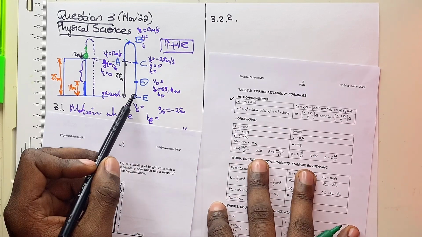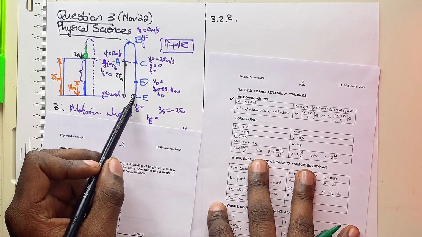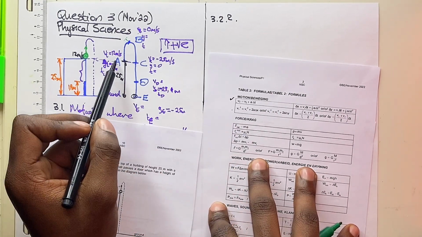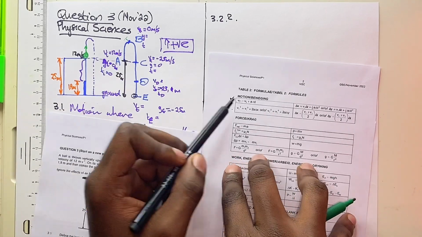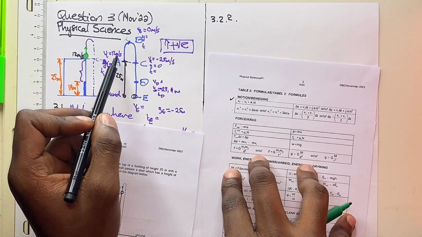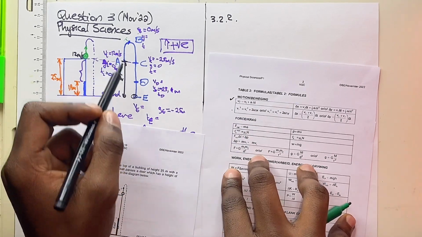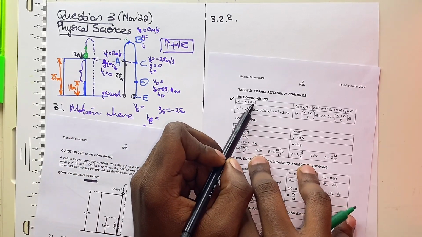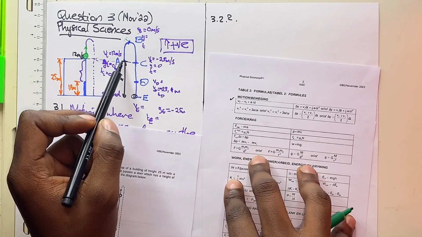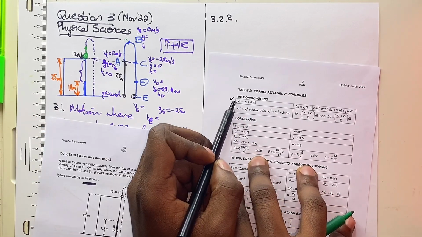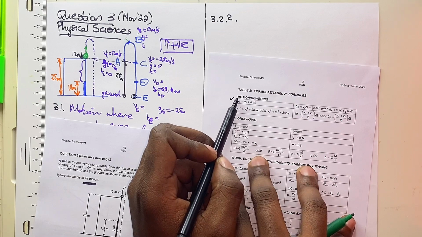That's what we are looking for, the velocity when it hits E. Now Vi, which is the initial velocity, we do know it was 12 meters per second. We do know the acceleration, which will be the gravitational acceleration. Do we know the time it took to go from A to E? We don't. Therefore, we cannot use the first equation of motion.